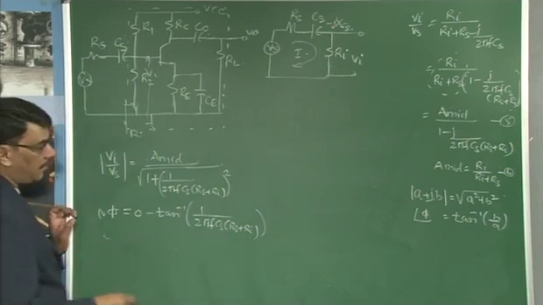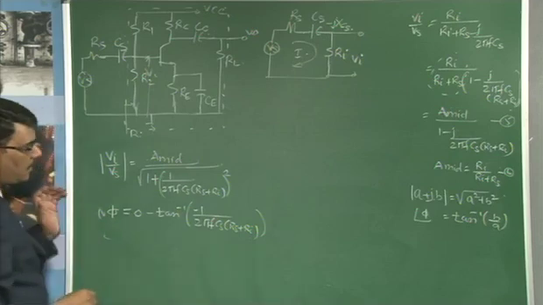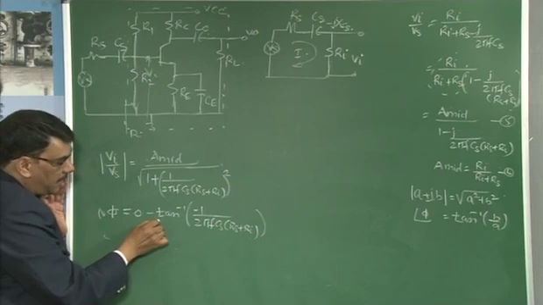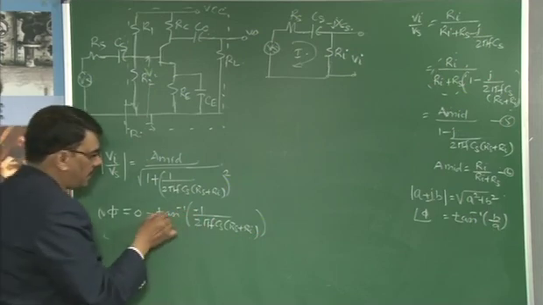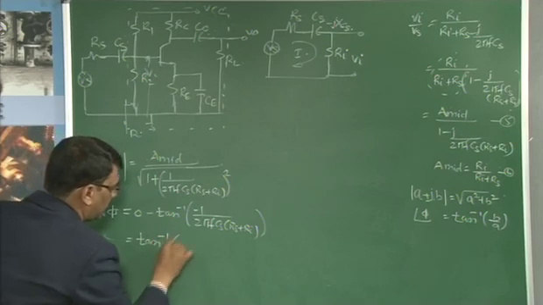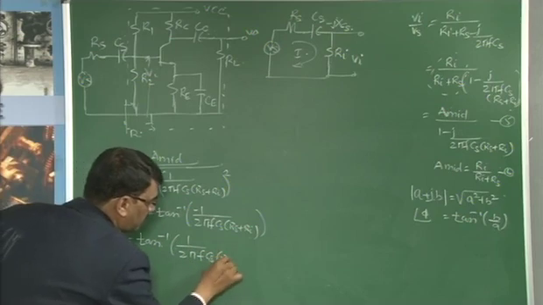There is a negative sign, therefore it is minus tan inverse. We know from trigonometric identities that tan of minus theta is equal to minus tan theta, so this becomes tan inverse of 1 divided by 2 pi f Cs (Rs plus Ri).